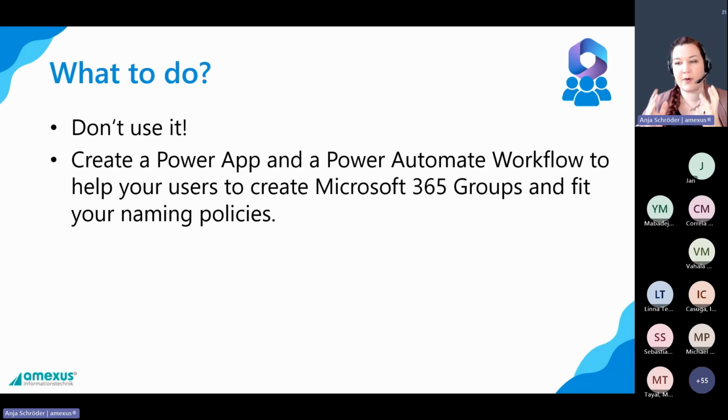So it is a more clever way, I think. So use naming policies, but don't use the naming policies built into Entra ID. I don't like them. They are not flexible enough for our workload.